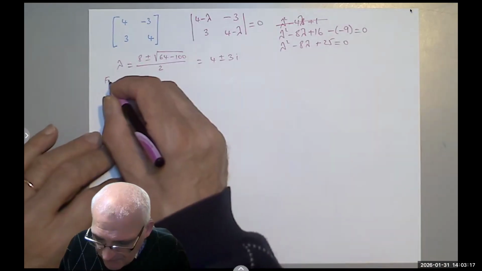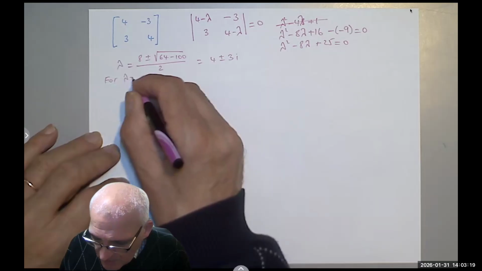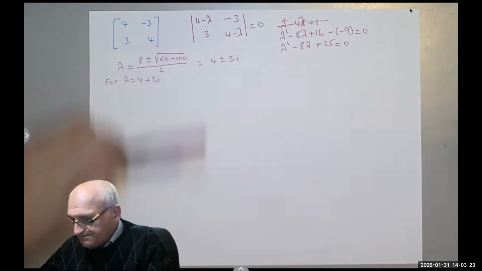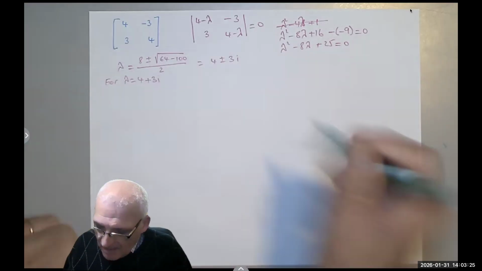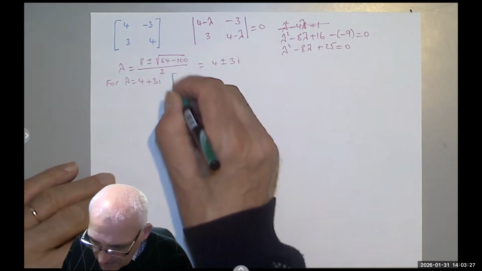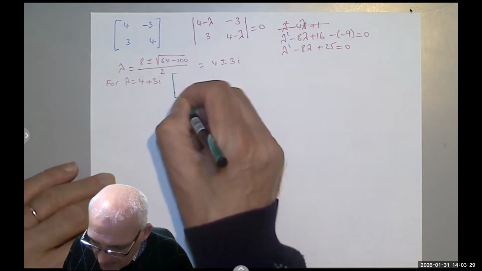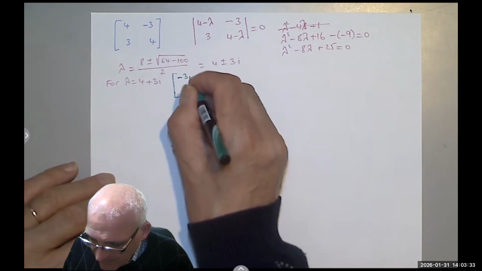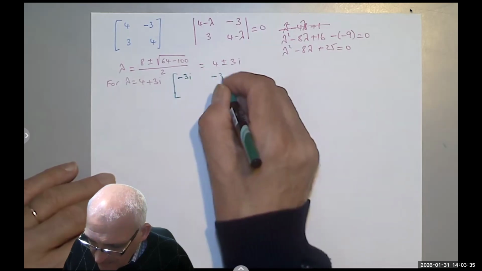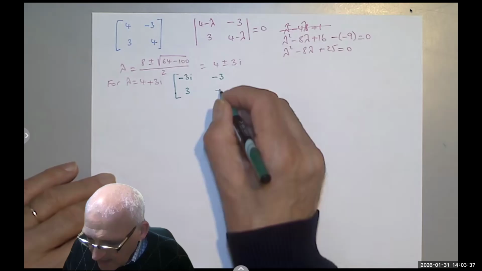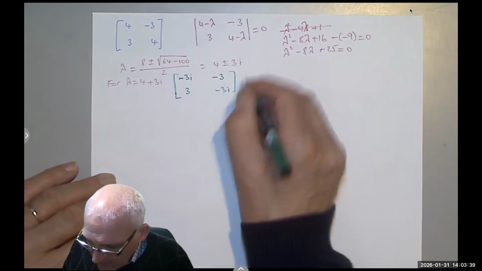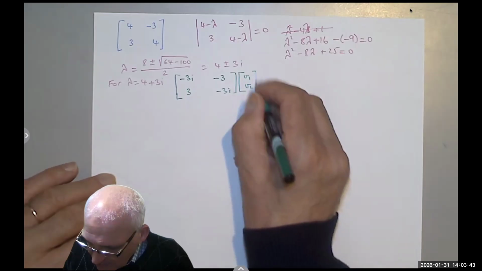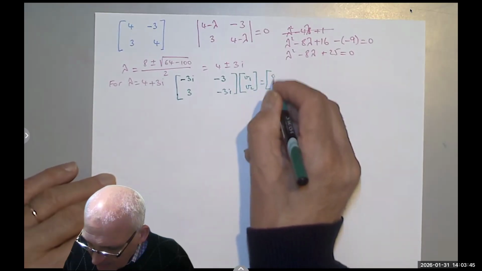So for lambda equals 4 plus 3i, what do we get? We substitute here. You get 4 minus 4 is 0, -3i, 3, and -3i. When you multiply that by the eigenvector v1, v2, you should expect to get 0, 0.